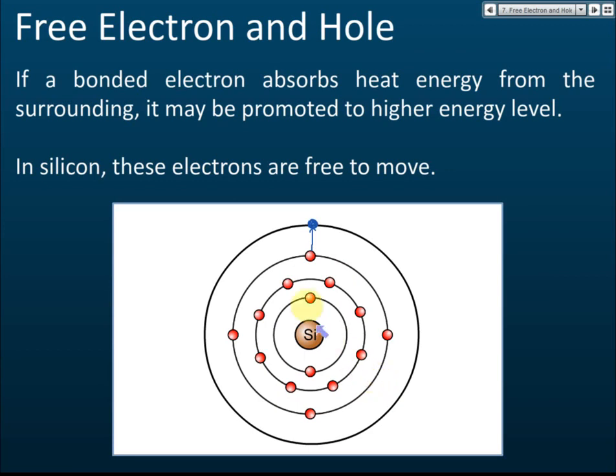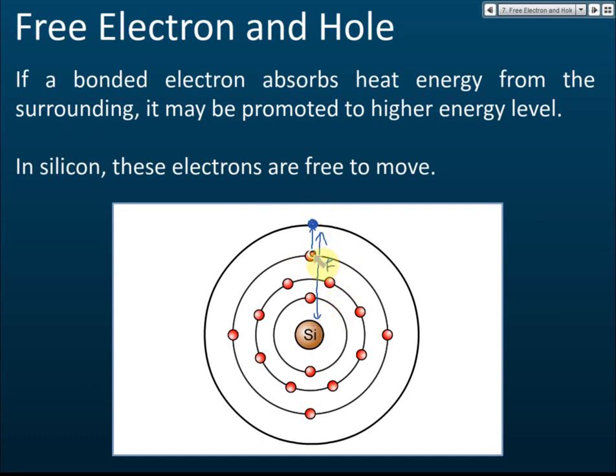So if the electrons absorb heat energy, they may jump to another shell. When they jump to another shell, the distance between the nucleus and these electrons increases, and if the distance increases, the attraction force will decrease.